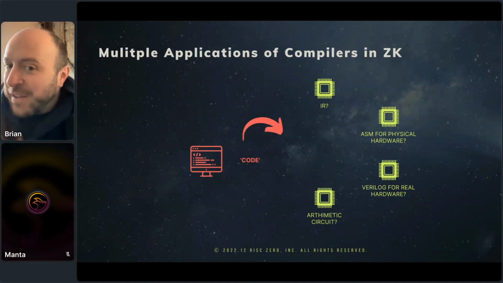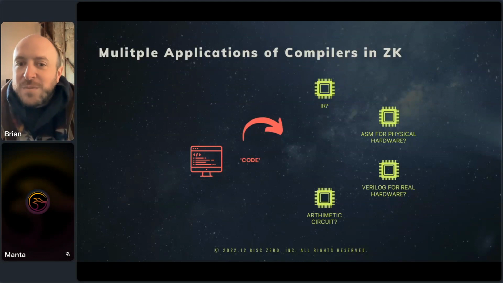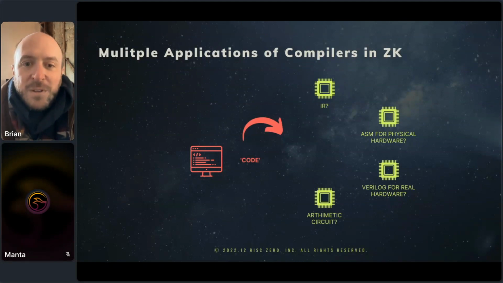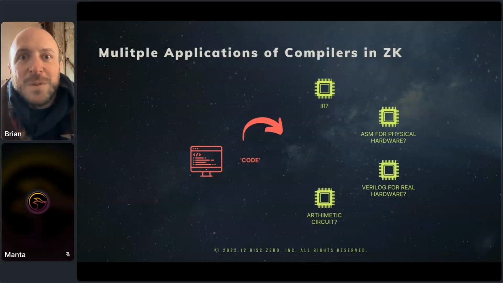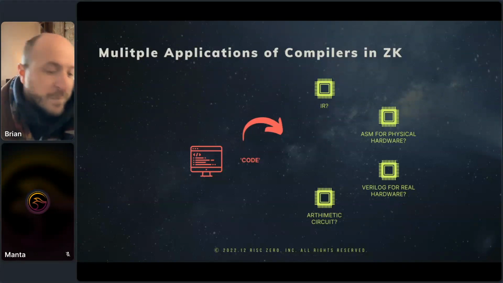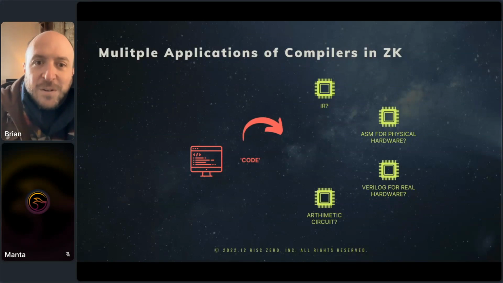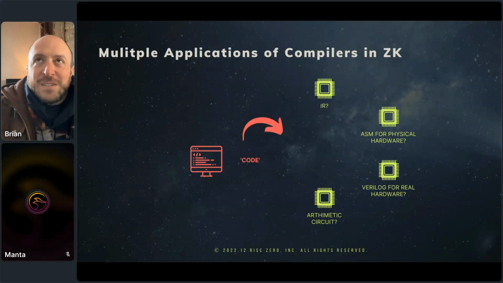You could, depending on which team you are, actually be outputting Verilog for real hardware, or you could be using a compiler to produce CUDA code to run a GPU-optimized version of your prover, which is something we do. So there are a lot of uses for compilers in ZK, and that's a bit different than AI because you don't necessarily see the same kind of physical versus arithmetic circuit split.